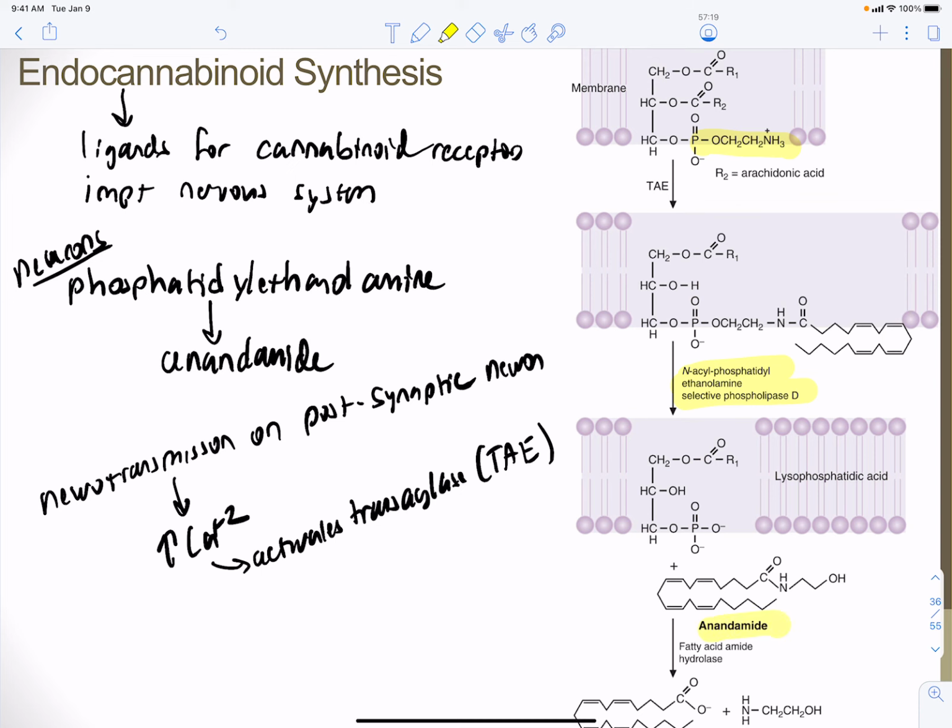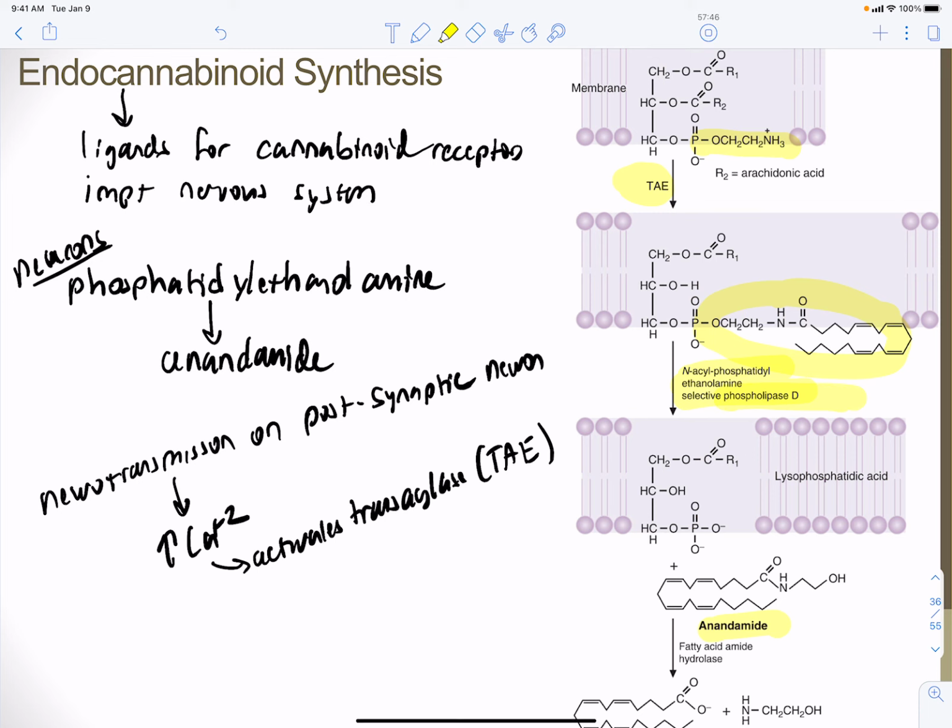So again, we have TAE, which came from an increase in calcium, and then that is going to generate your NAPE, and then that is going to eventually be cleaved to yield the anandamide. So this whole piece right here is going to be cleaved by your phospholipase D.